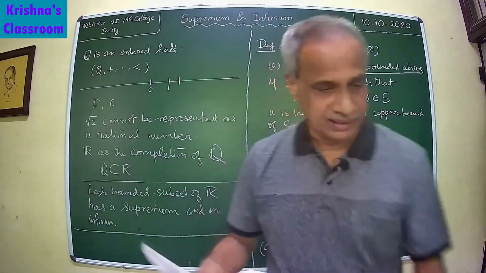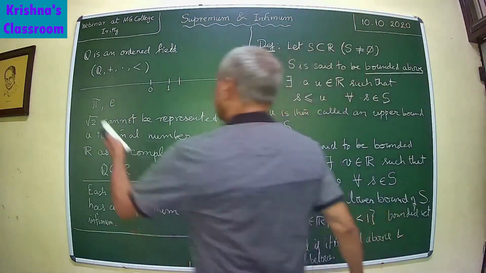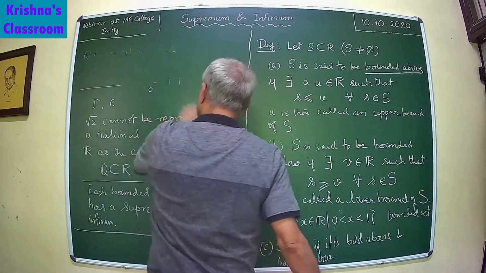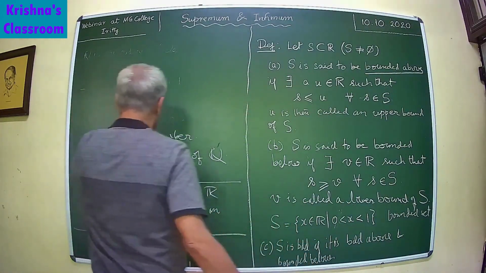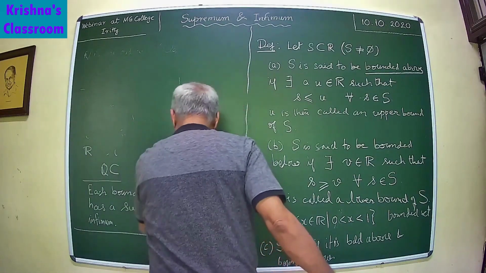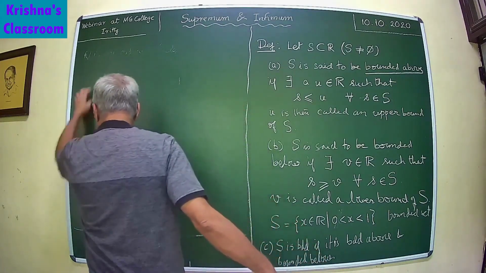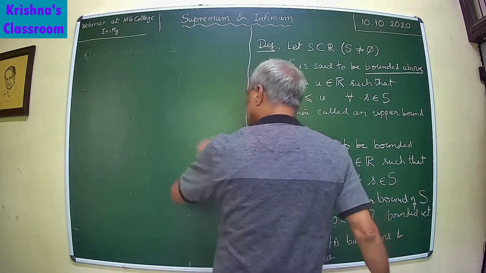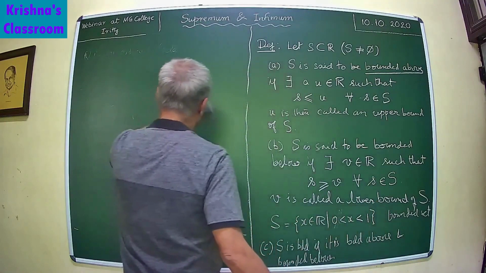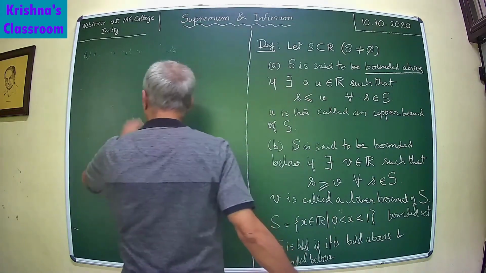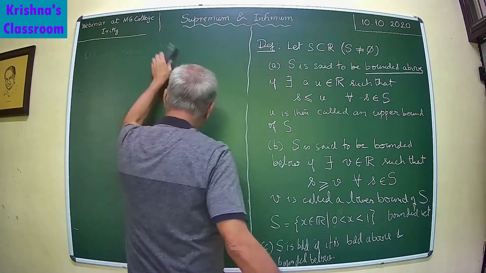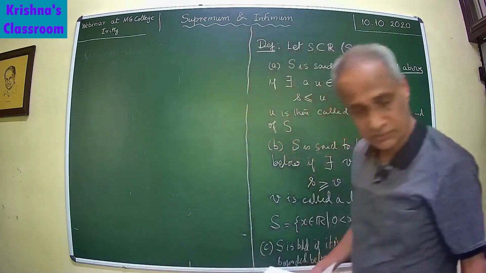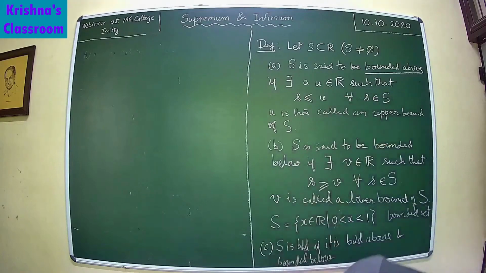You should take Q. Q is unbounded in R. The set of natural numbers is bounded below but not bounded above. The set of integers is unbounded. It is not bounded above, it is not bounded below. So these are all some of the things you are familiar with.